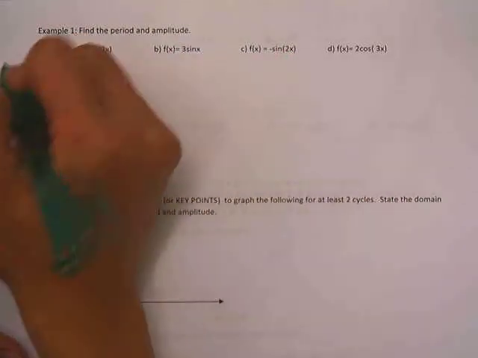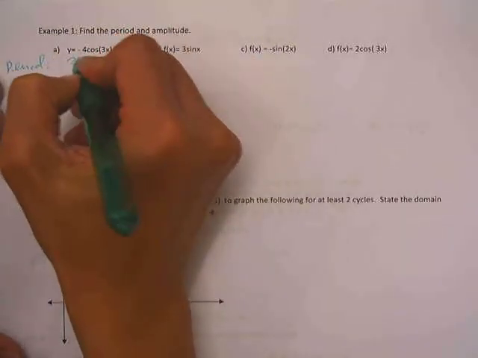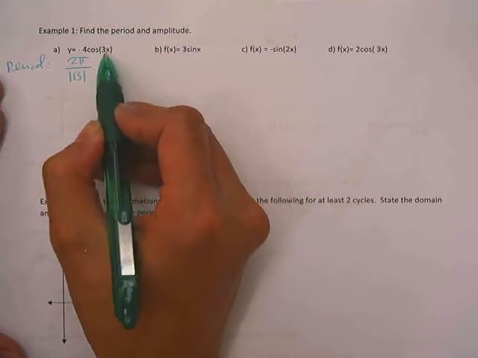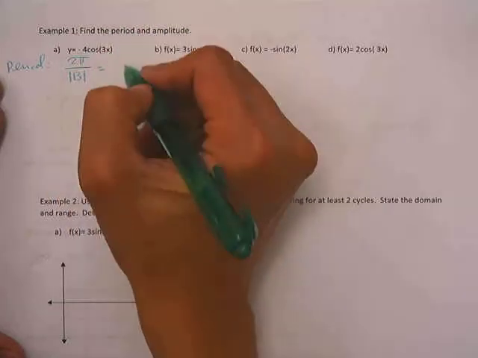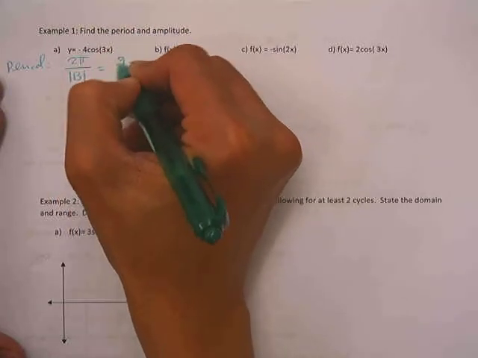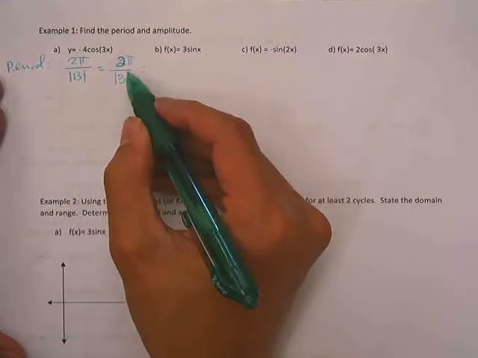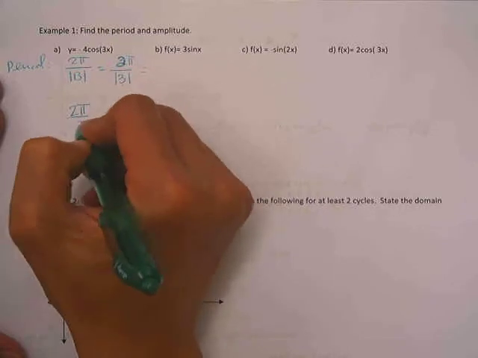The period for sine and cosine is 2 pi divided by the absolute value of b, and b is really this horizontal change. For this one, b happened to be 3. So 2 pi divided by the absolute value of 3 turns out to be positive. So my period is 2 pi over 3.